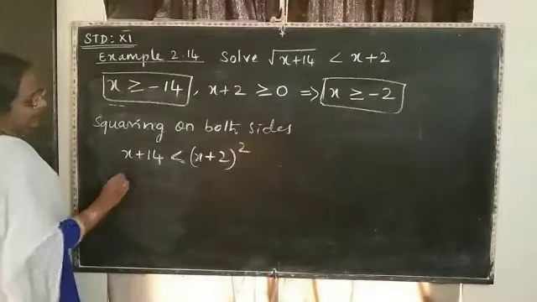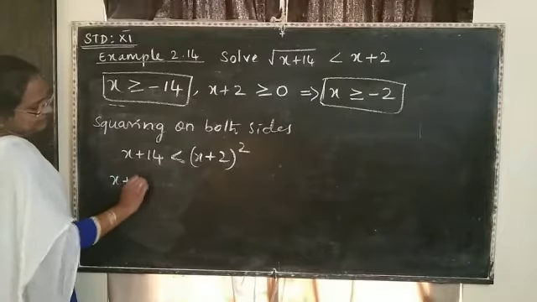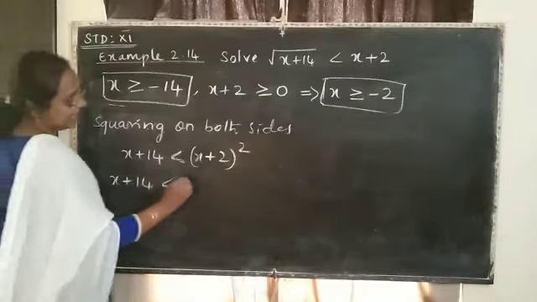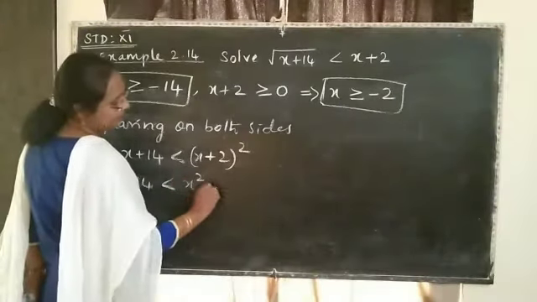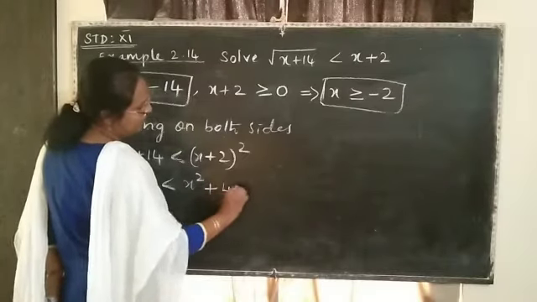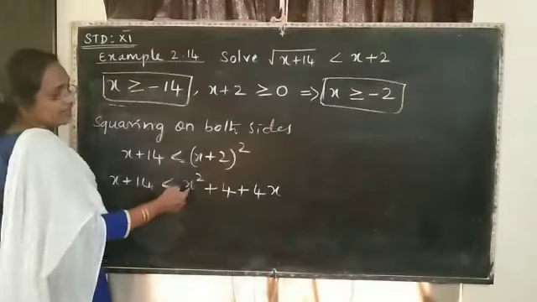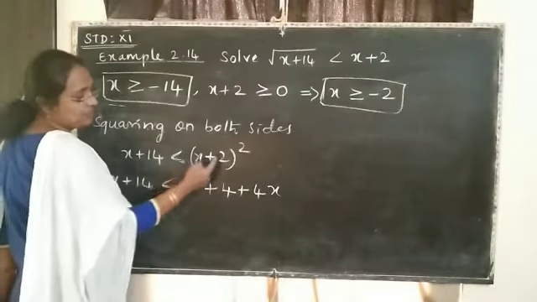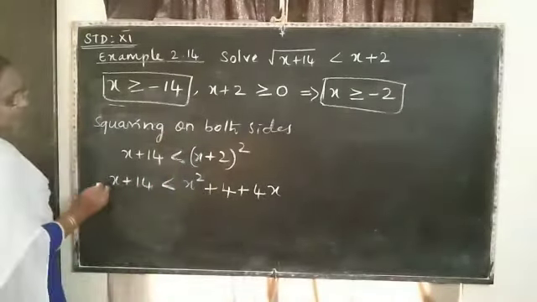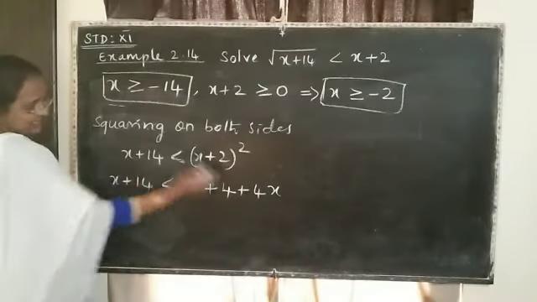Now look into this. X plus 14 strictly less than x square plus 4 plus 4x, using a square plus b square plus 2ab. Now, shall we bring everything to that side?